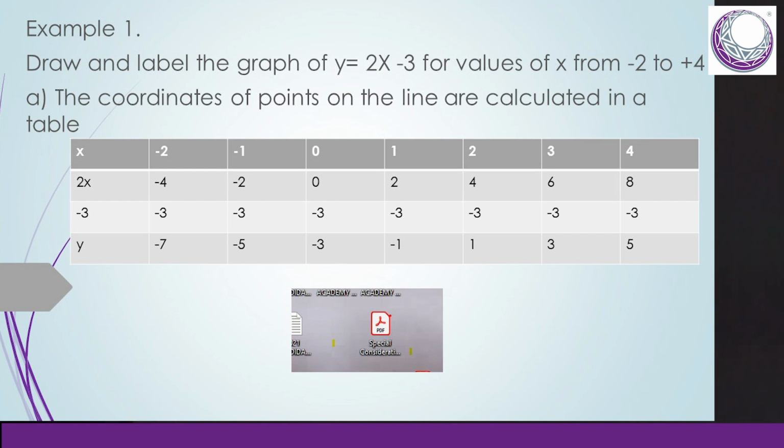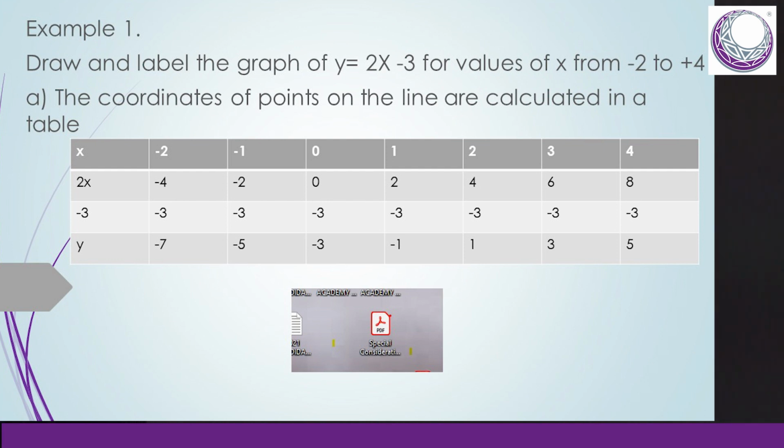And then the 3, since it doesn't have a variable, I am just writing minus 3, minus 3, minus 3. Now I'm going to make a combination of that. What is 2x minus 3? In other words, minus 4 minus 3 gives me minus 7.